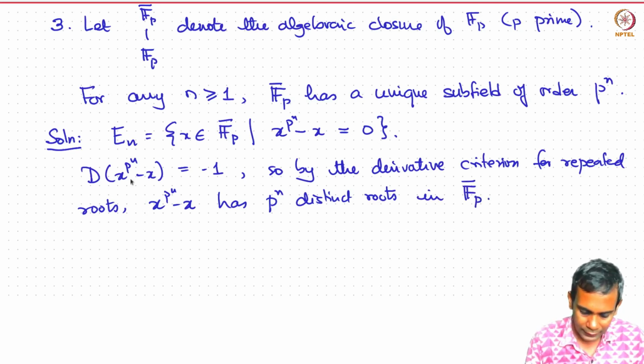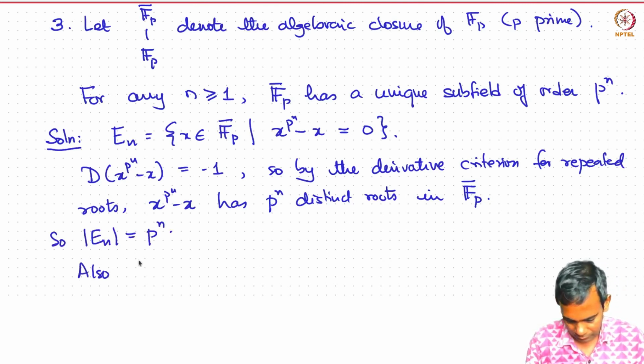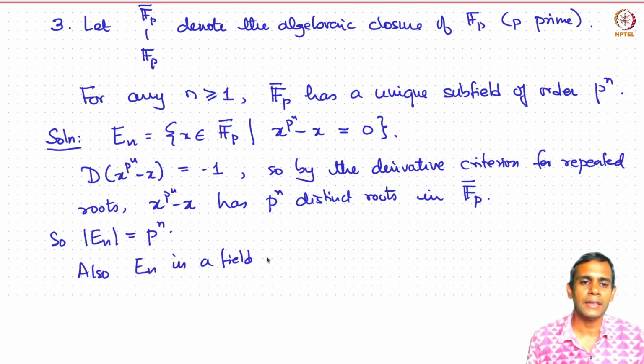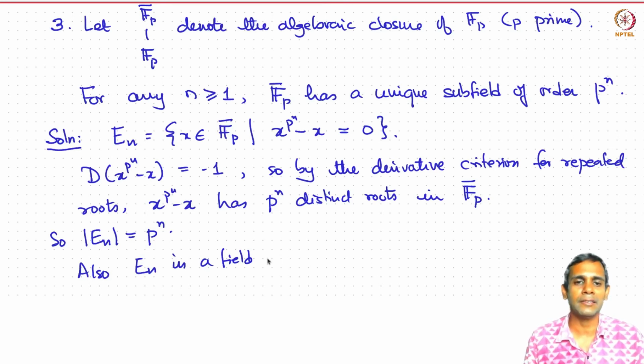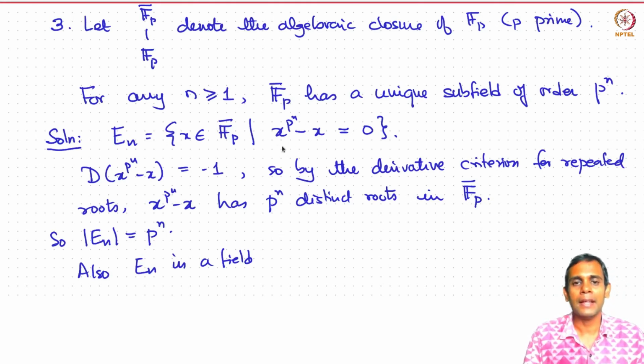And so the cardinality of En is p to the power n. Also, En is a field. I won't work out the detailed solution of this, since we've already seen it when we were classifying finite fields. You just have to show that if x and y are roots of this polynomial, then x plus y and xy are also roots.